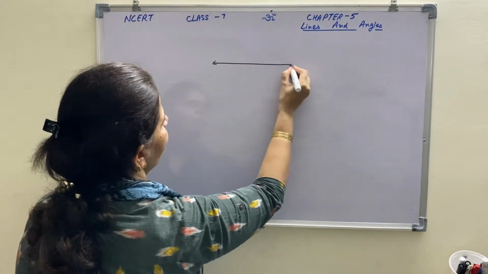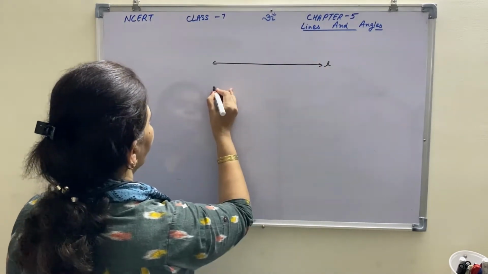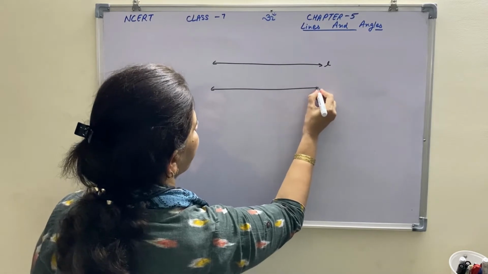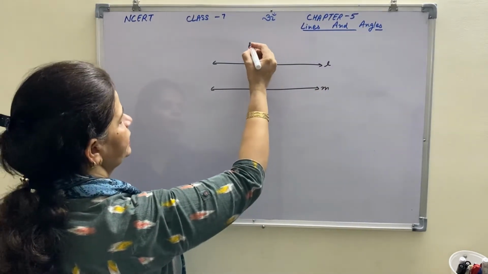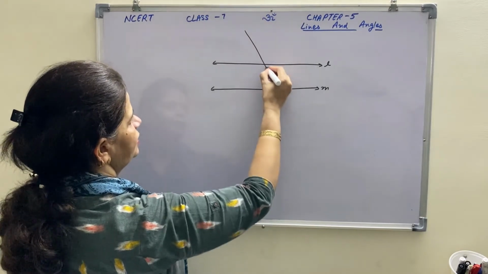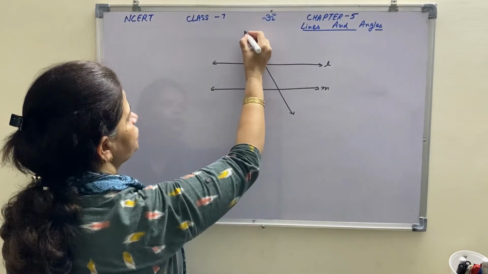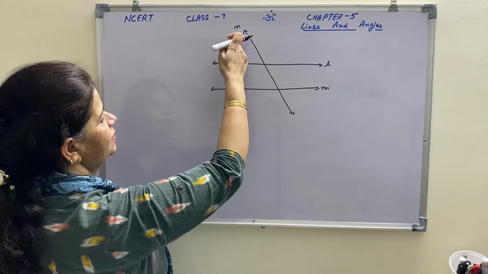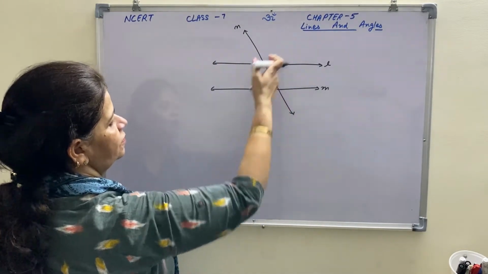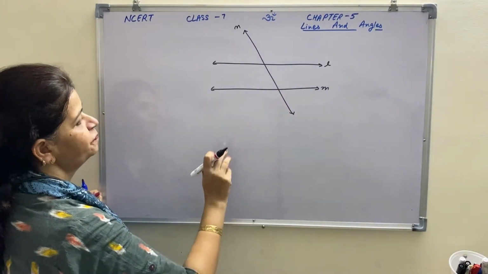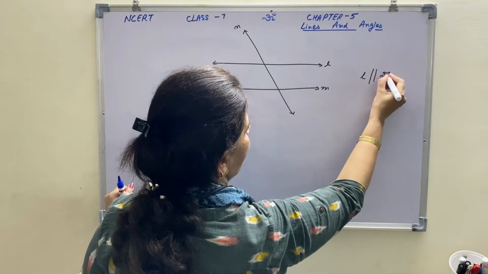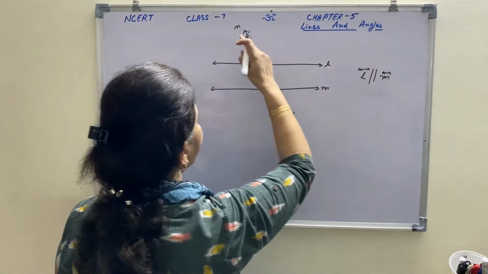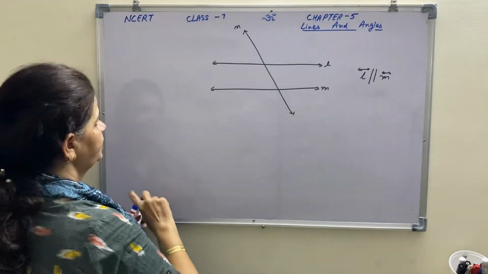Now we have L and M as parallel lines, and earlier we had not taken them parallel, now we are taking them parallel, and a transversal n is crossing them. It doesn't matter whether n crosses this way or that way. Here L and M are parallel, and n is the transversal.